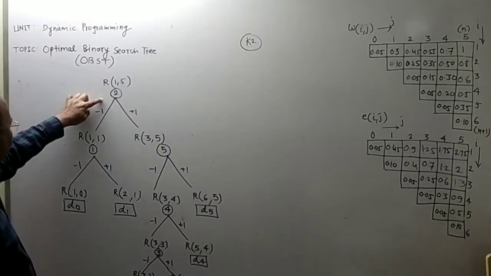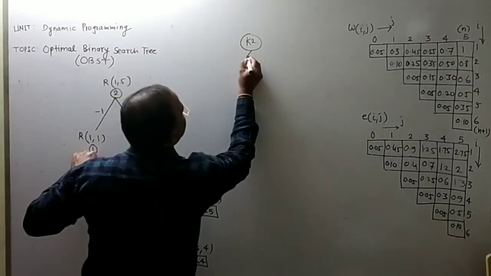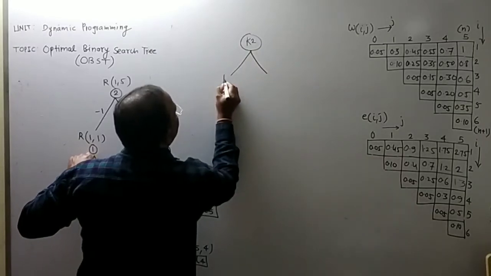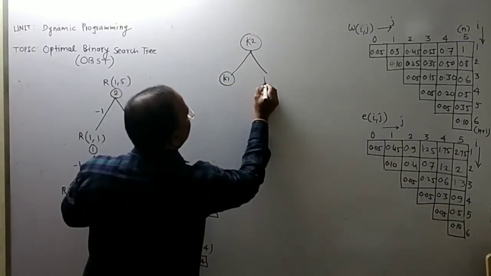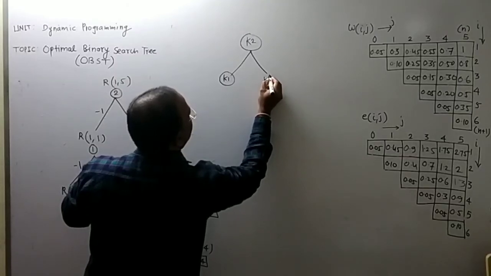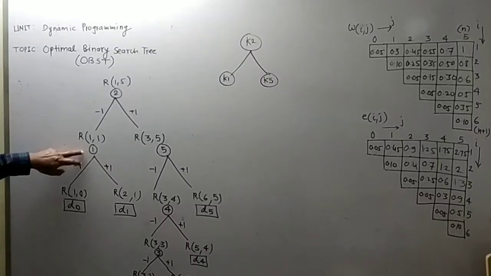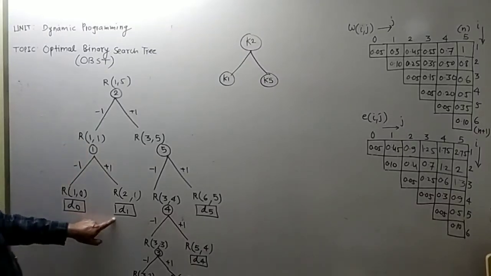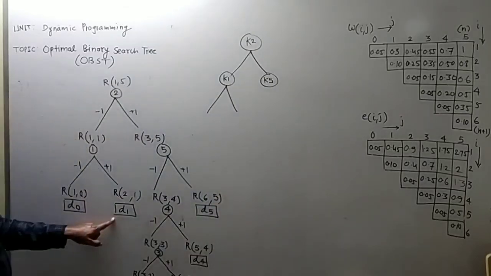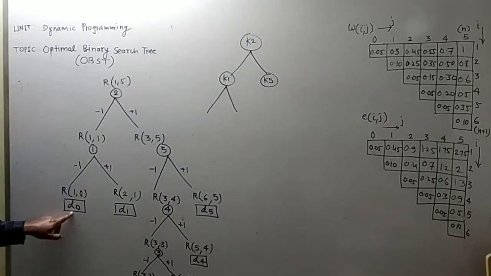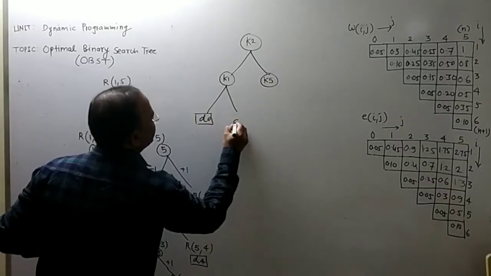There are two children, left and right, K1 and K5. Then K1 has two children, left and right. The left child is D0 and the right is D1.